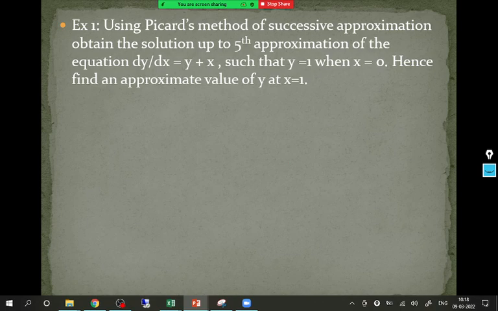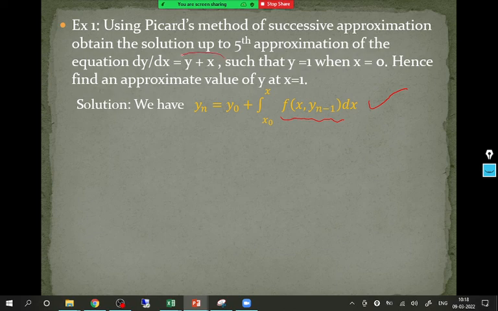Now come to the formula. The formula for Picard's method, the Picard's formula is this one: yn is equal to y0 plus integration x0 to x f of x, yn minus 1 dx. So can you tell me the value of f of x, yn minus 1? What is the general value here?